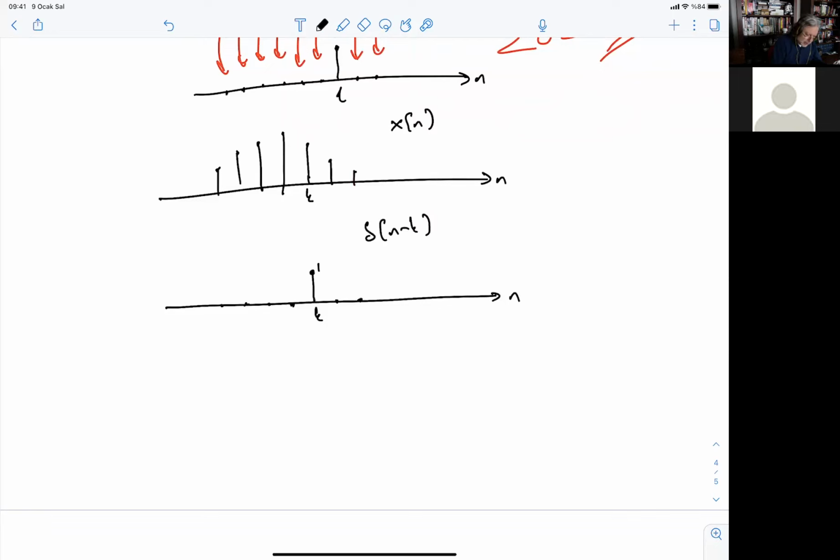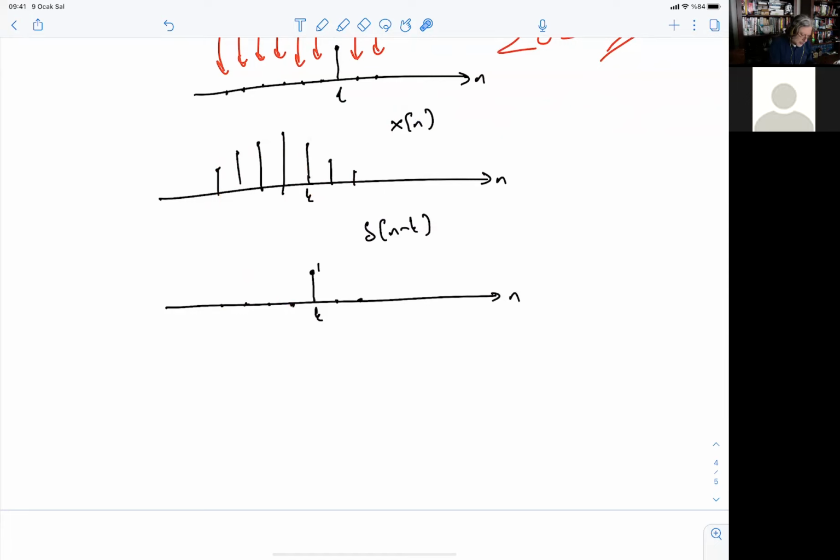So how do I take the inner product of this and this? What was the inner product formula? The inner product formula was term-by-term multiplication first, and then summation of the results. So let me multiply term by term. This value is multiplied by 0, this by 0, this by 0, this by 0, so they give me nothing.